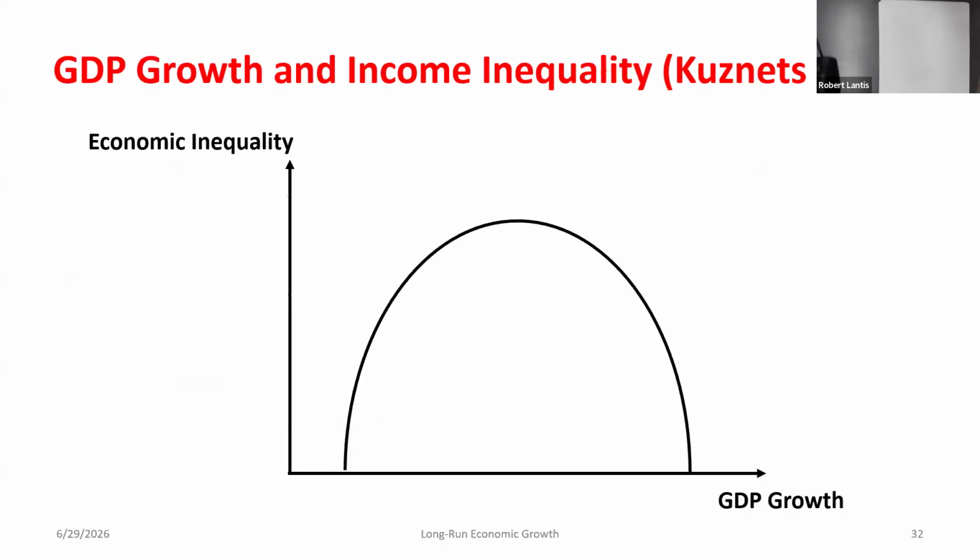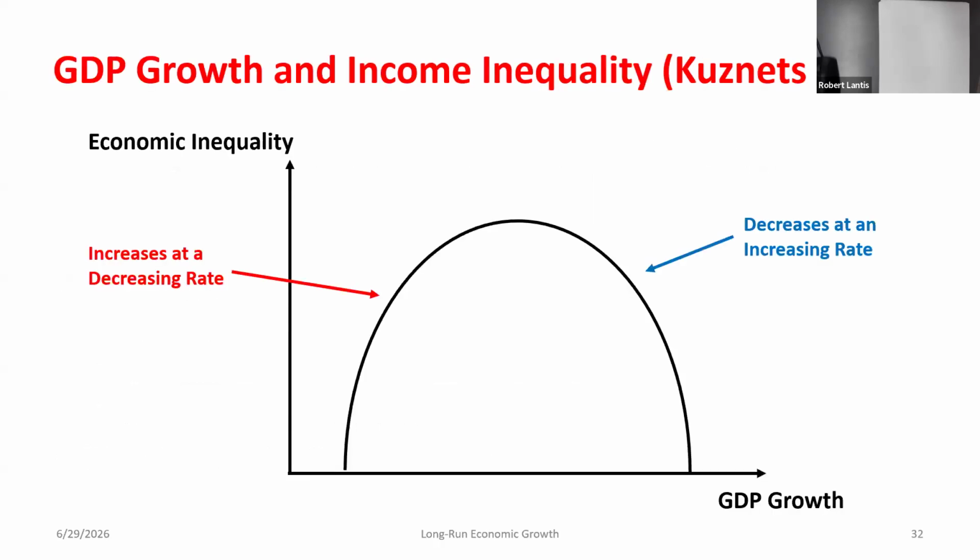So a nice summary of this is what we call the Kuznets curve. If we were to look at this relationship, as GDP goes up, that's always going to cause some level of economic inequality. So notice at every level of GDP here, economic inequality is above zero. We have some economic inequality.